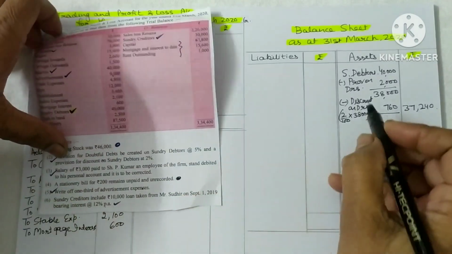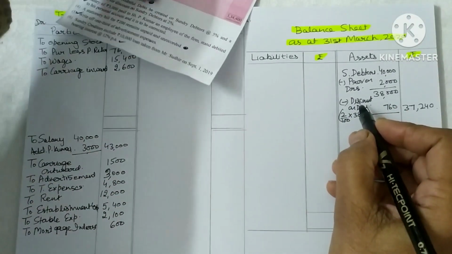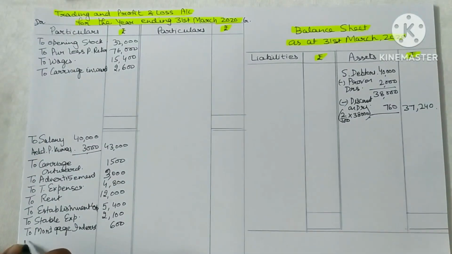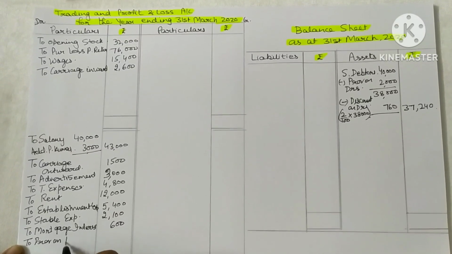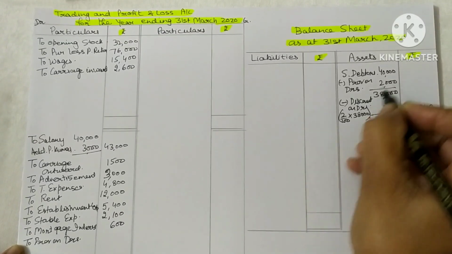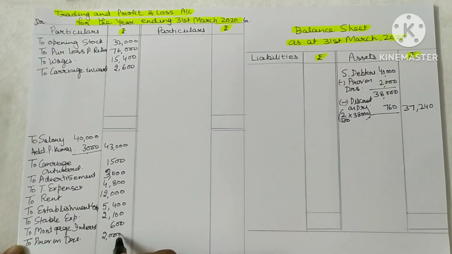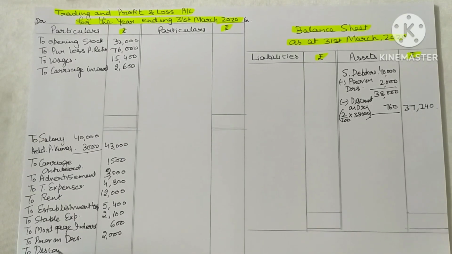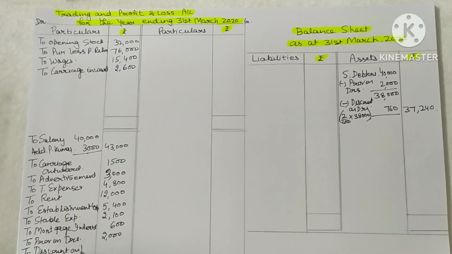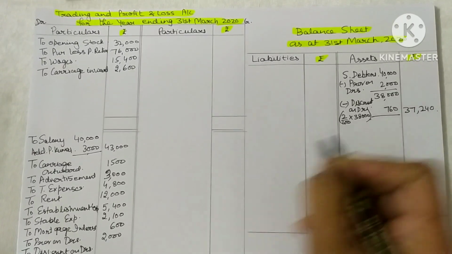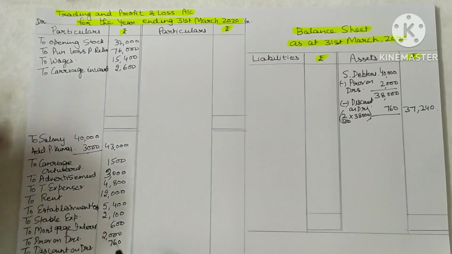Okay. And these two adjustments are to be shown in the P&L account also. To provision on debtors, 2,000. To discount on debtors, 760. Okay.